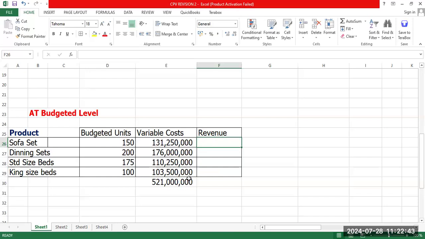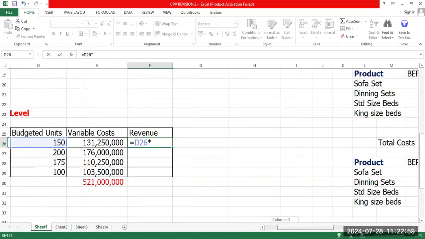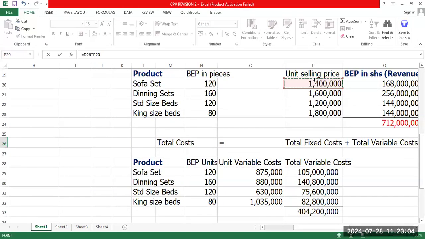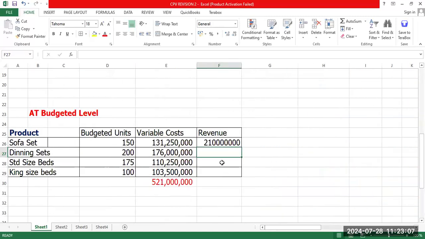Then we also get revenue, and we are getting this budgeted units times unit selling price. Somewhere we had unit selling price. It is here. You see here we are basing on budgeted units, not break-even point in units. We are basing on budgeted units. We multiply by unit selling price.